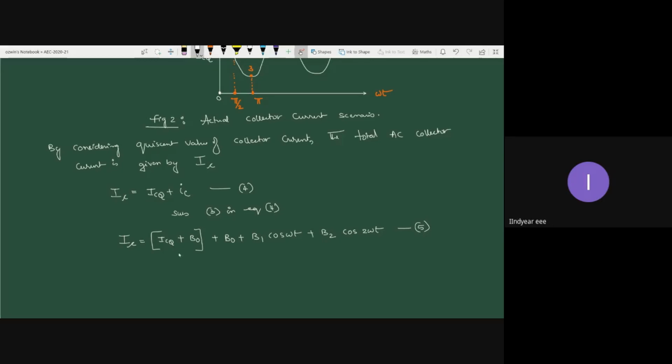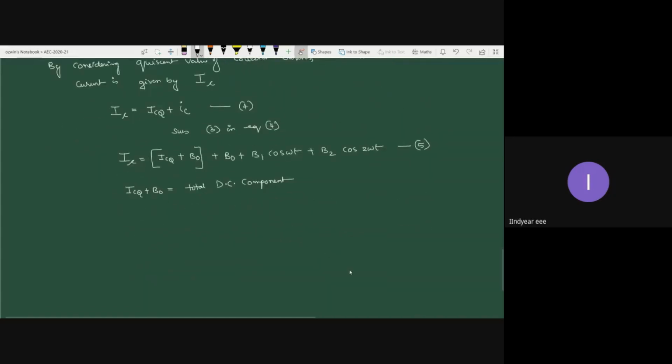Say equation 5, where the sum ICQ plus B naught is equal to the total DC component.